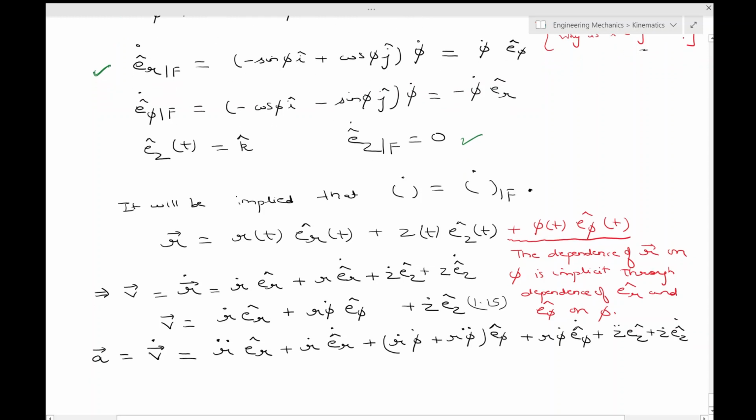So this should come after the chain rule and you should be easily able to verify this.